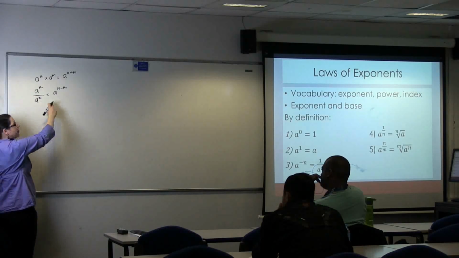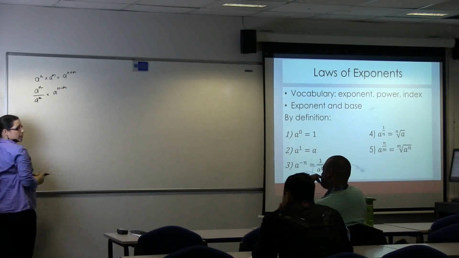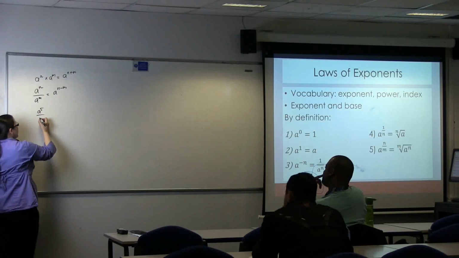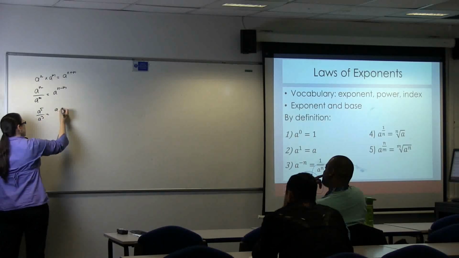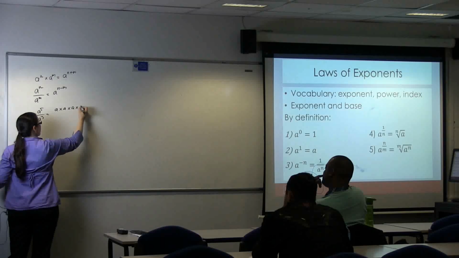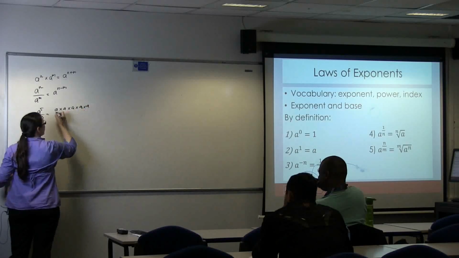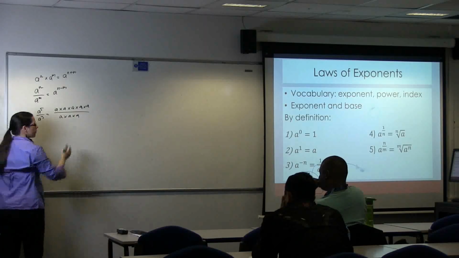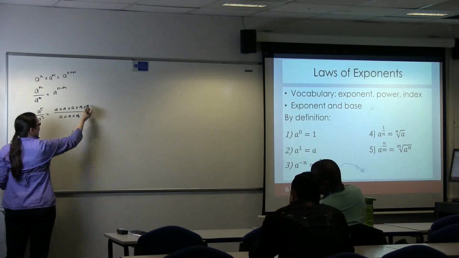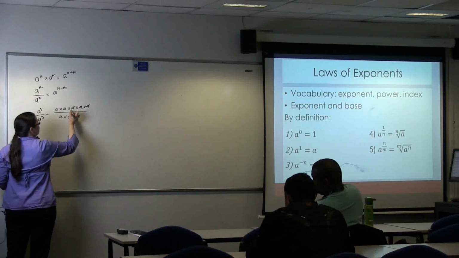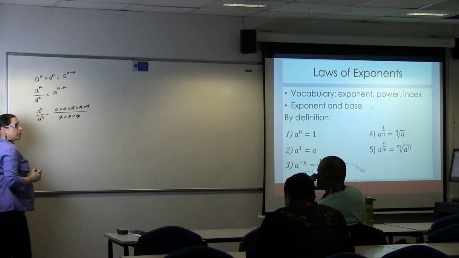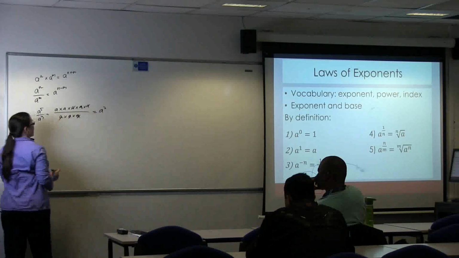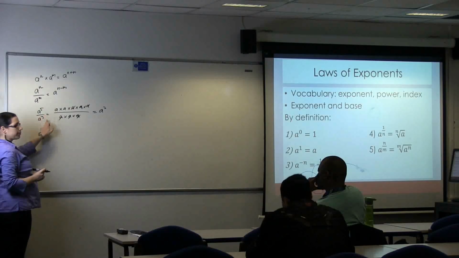So now I'm only left with n minus m number of a's. So probably easier to see if I had a to the 5 over a to the 3, then that's 1, 2, 3, 4, 5 a's over 1, 2, 3 a's. And I can cancel down one by one. How many have I taken away? 3. So I end up with a squared, which is actually the difference between 5 and 3.